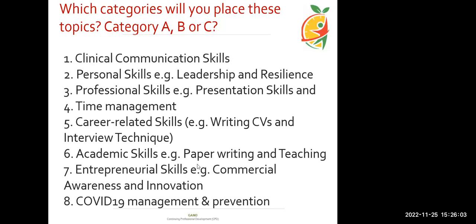Now, the idea for me in this slide was to demonstrate that the categories are not cast in stone. Especially B and C are not exactly cast in stone, except for a few of them. Something like academic writing skills is a category C activity. So if you write papers, publish in journals, or do presentations at conferences, it qualifies for 2 activities.